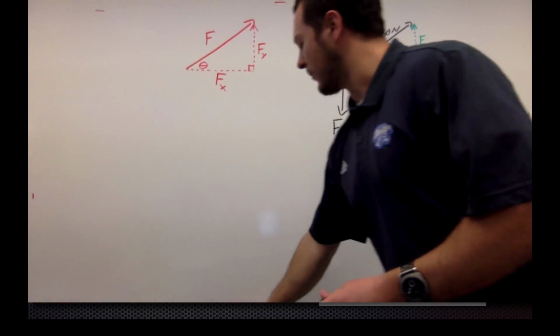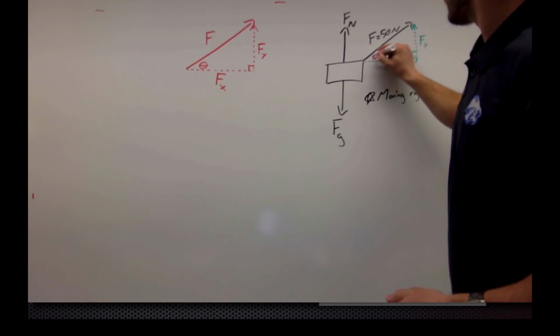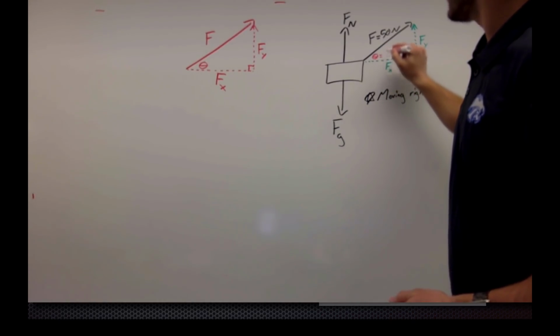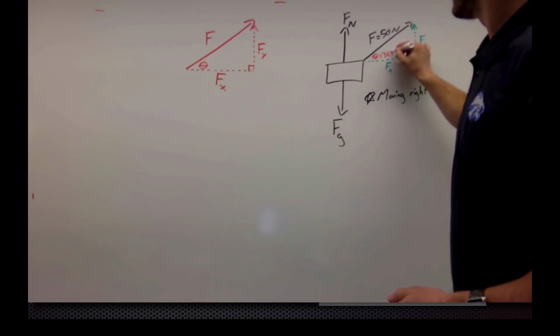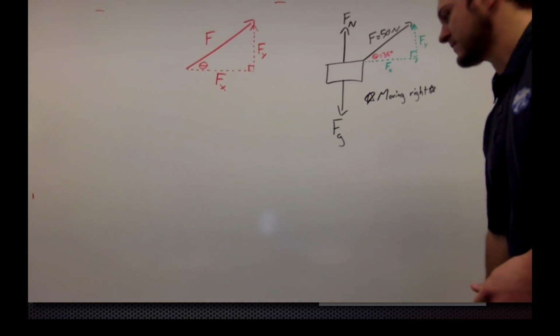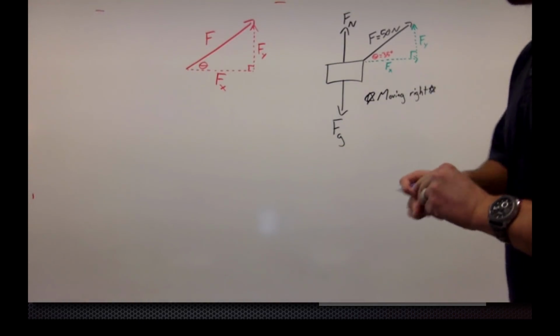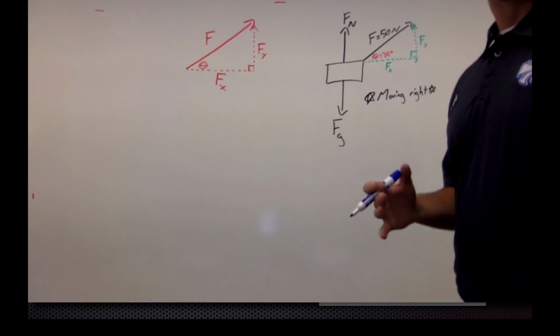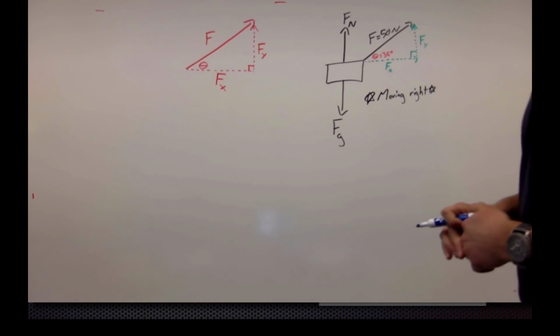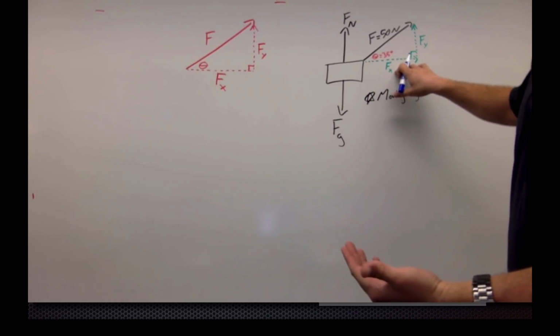Just to give some more numbers here, to give some context, let's say that our interior angle theta here is 35 degrees. So what we would have to do here, if we want to find, hey, what is the horizontal force in the direction of motion, is again a cosine function.